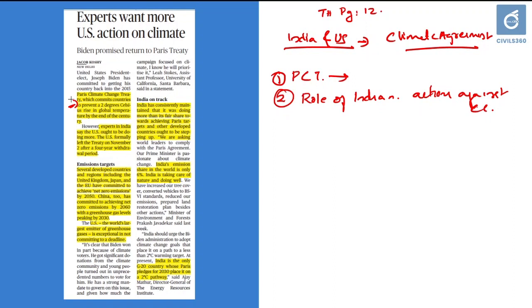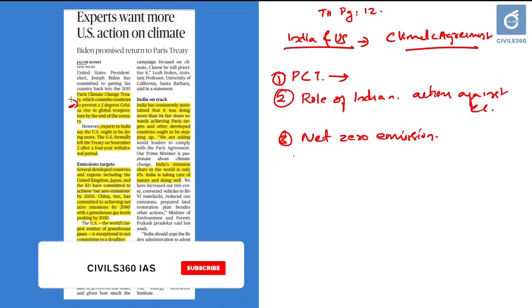Just go through the role of India in actions against climate change, and you should also understand certain aspects from this article. That is, what is net zero emissions. There can be a question related to net zero emissions. What do you mean by net zero emissions? That should be understood. And there is also certain ideas like per capita emissions.